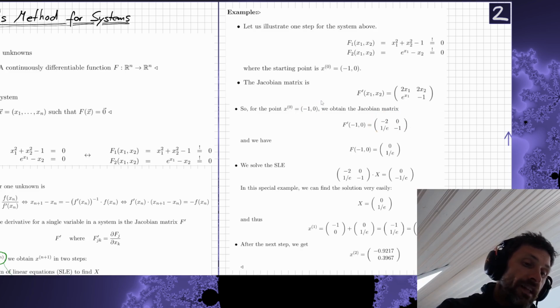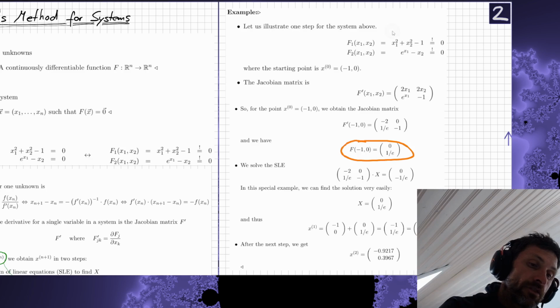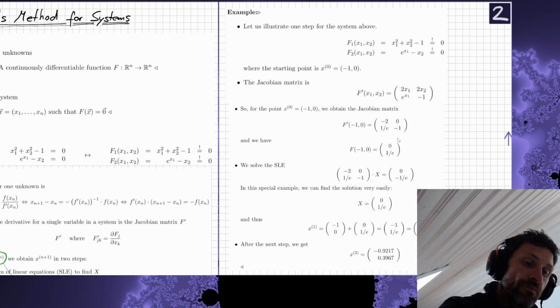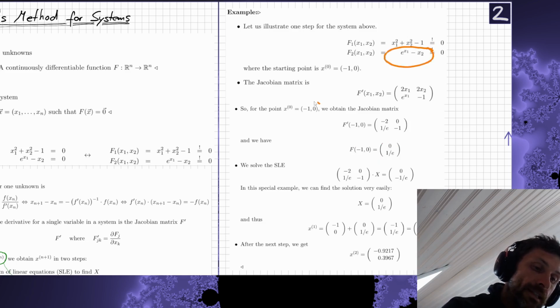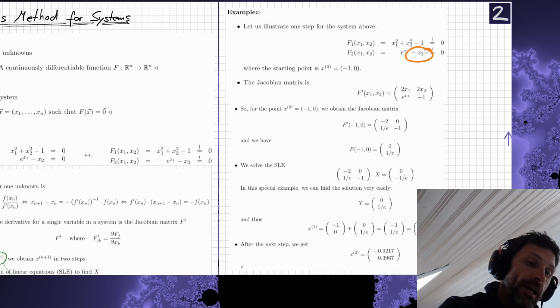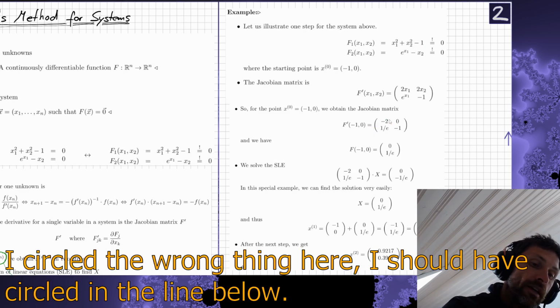We need the function value, and here we take -1, -1 squared is +1, plus 0 squared minus 1 is 0. And then e to the power of -1 is 1 divided by e, minus 0 is 1 divided by e, and the -1 will be a -1.